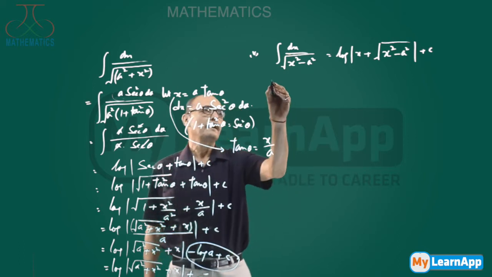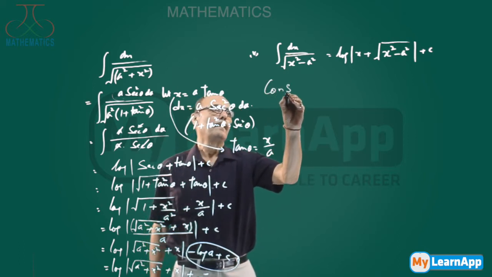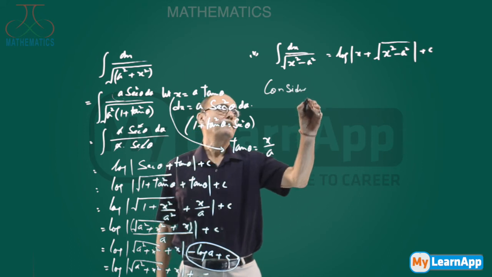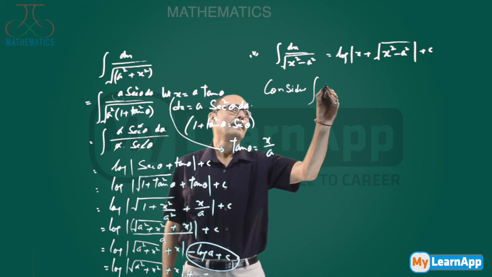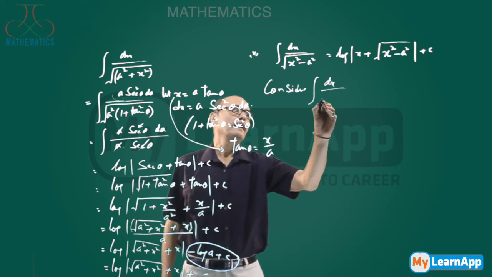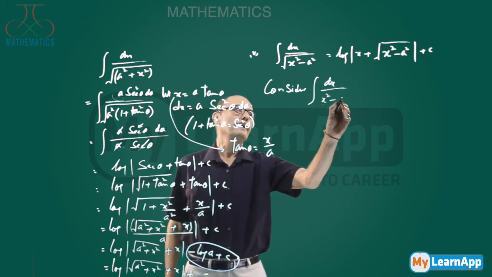So consider the left hand side, the integral dx upon under root x square minus a square.